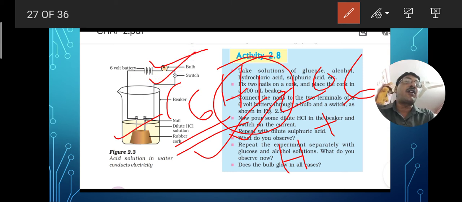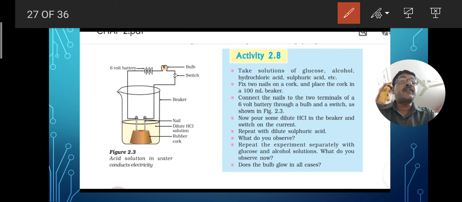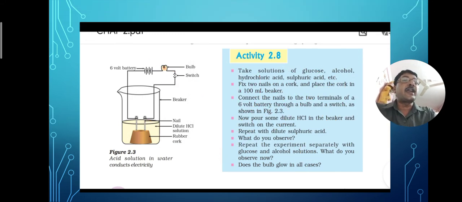So we can say all acids definitely have hydrogen, but other compounds that have hydrogen atoms are not acids. Even if they have the hydrogen atom, we cannot consider them as acids because they will not be producing hydrogen ions. I think it is clear.